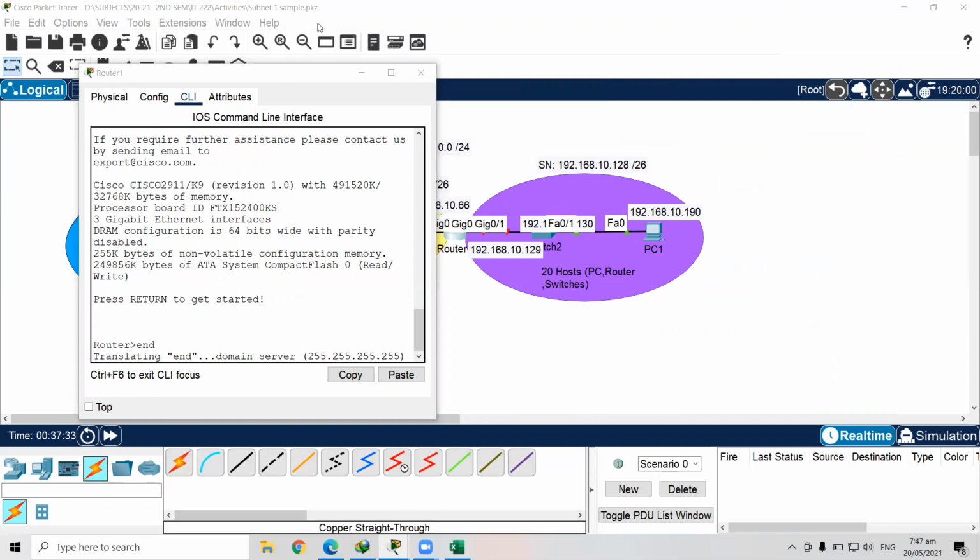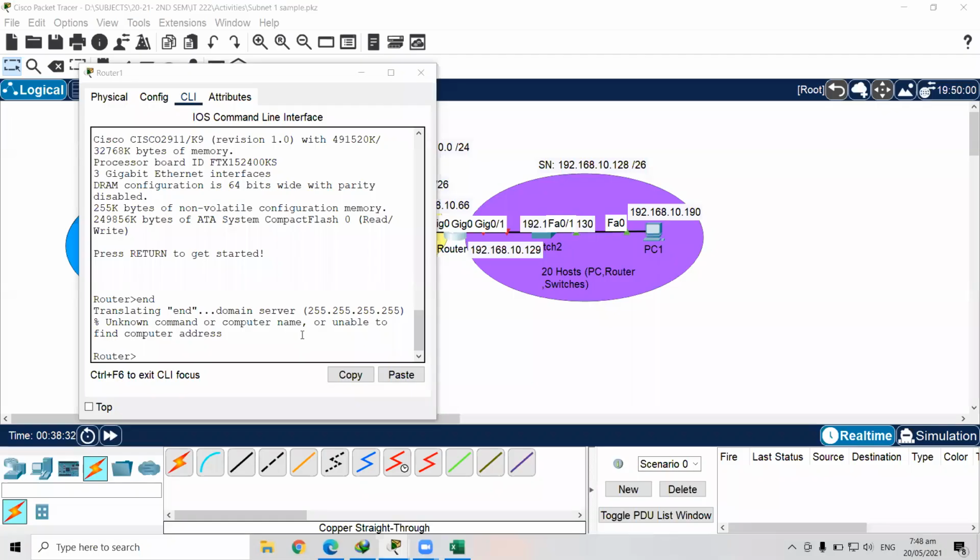Ganitong nangyari, yun yung key na binigay ko sa inyo para ma-stop siya. Yung keyboard shortcut, Control Shift 6, para ma-end yung ganitong command.